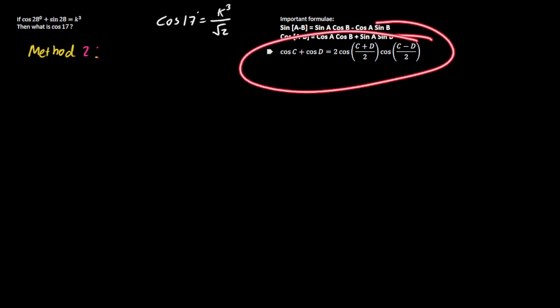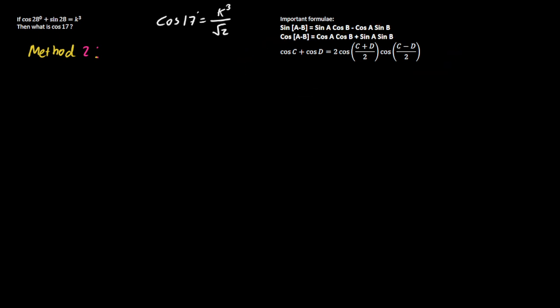So we have to get cos 28 plus sine 28 into this cos c plus cos d. We can do that by doing this. Make cos 28 cos 45 minus 17, just like we did before.